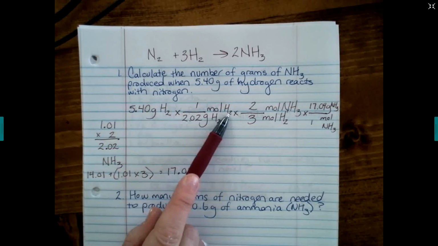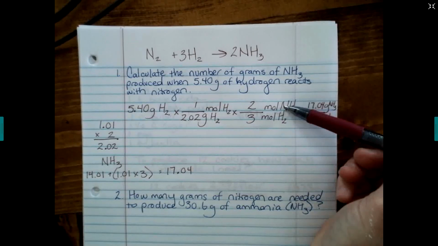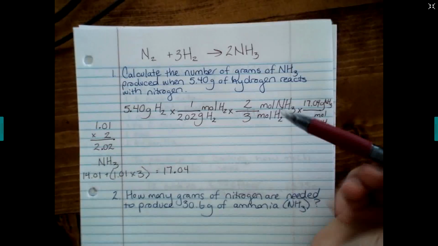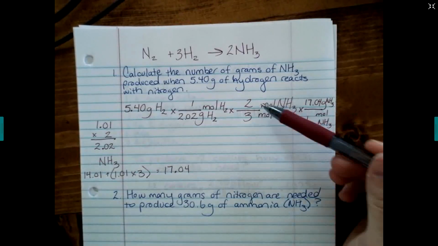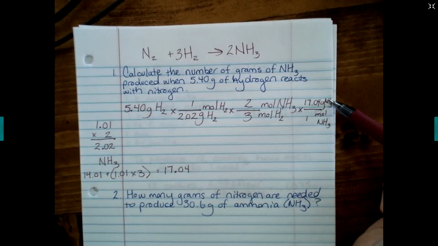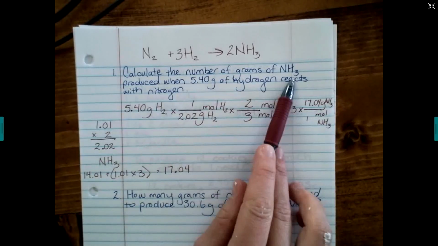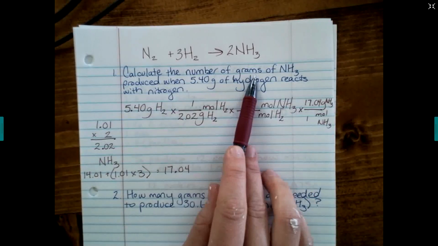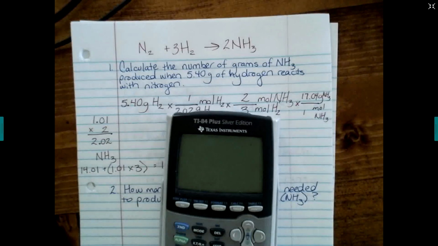You know how to do that. You're just dividing by the molar mass. Now you set up your ratio. What you're trying to find over what you already know, 2 to 3. And then you're going to multiply this by the molar mass of ammonia because that's what they asked for. They didn't ask for moles of ammonia, they asked for grams of ammonia.